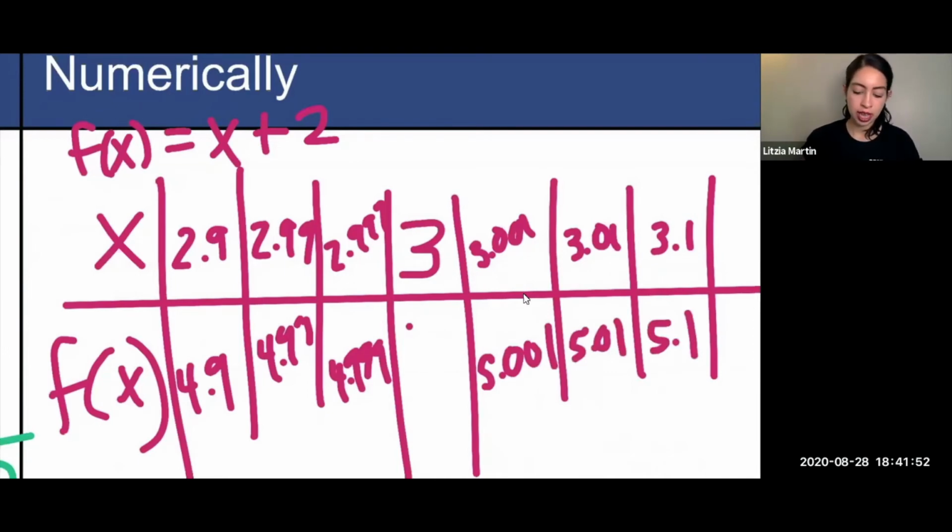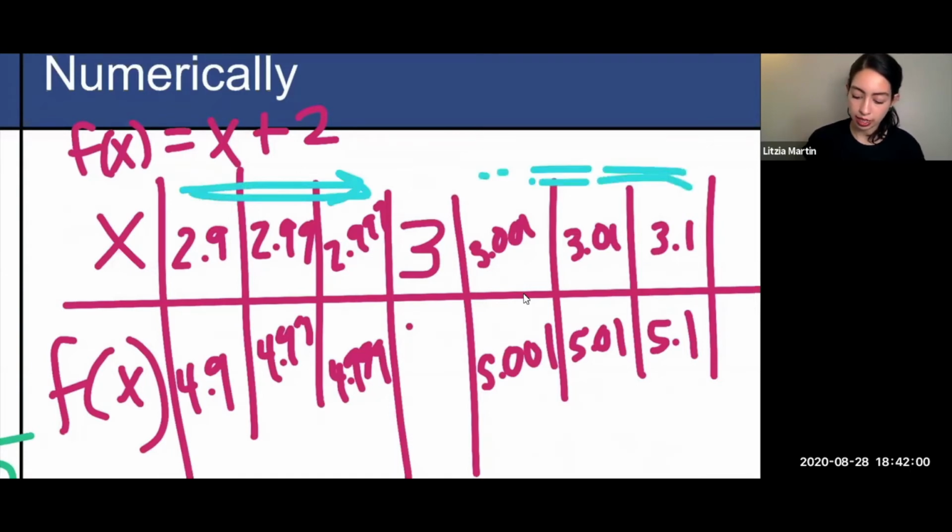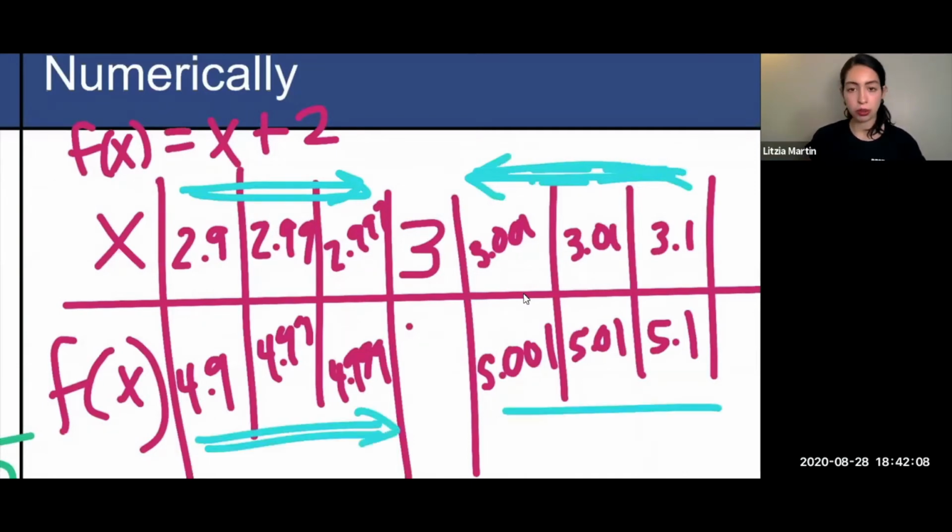We see that as our x values are approaching 3 on both sides, our y values are approaching a certain number as well. Notice on the left, it's getting closer to 5. And on the right, it's also getting closer to 5.